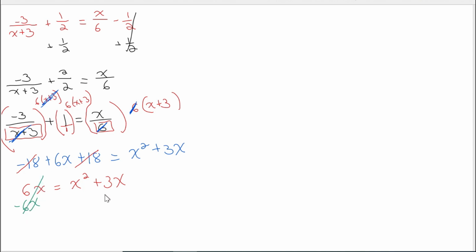That will cross out, minus 6x. So now the x and minus 6x, that will give you 0, equals x squared. And 3x minus 6x will give me negative 3x. Remember, we're in the same scenario like the other problem.